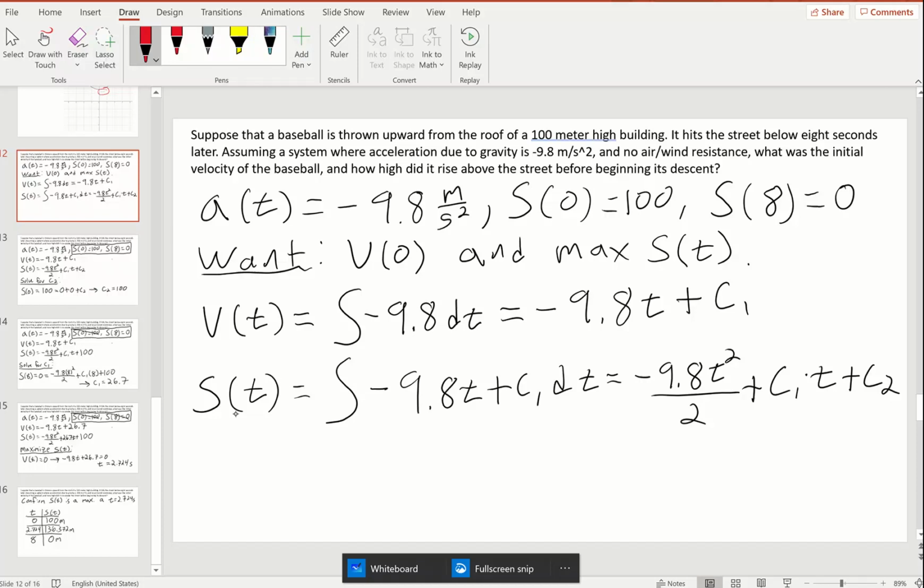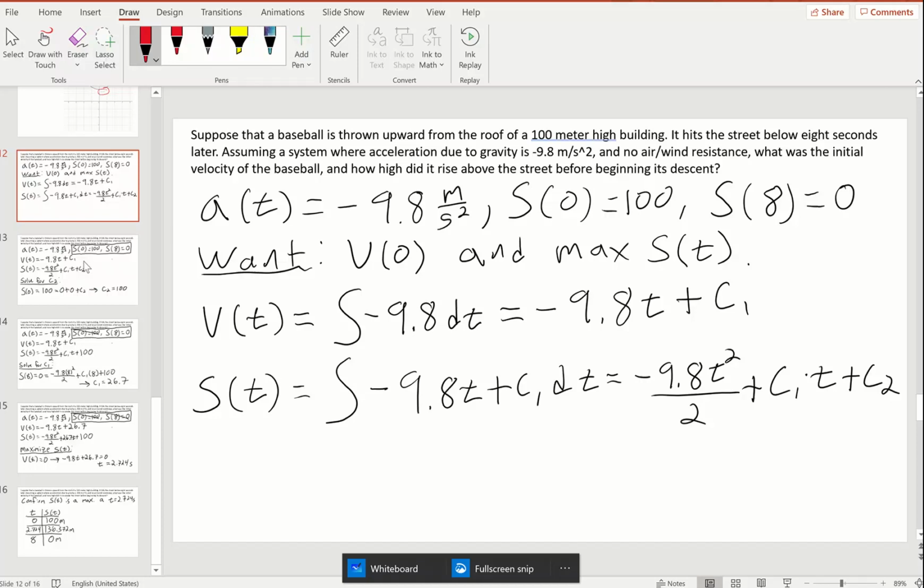And then, of course, the position function has its own constant c2. Right? So there are two separate constants in this case, and I can't combine them this time because there is that t factor attached to c1. It's like if I wanted to add 3x plus 2, I can't just say, oh, that's 5x, right? I cannot combine these terms.